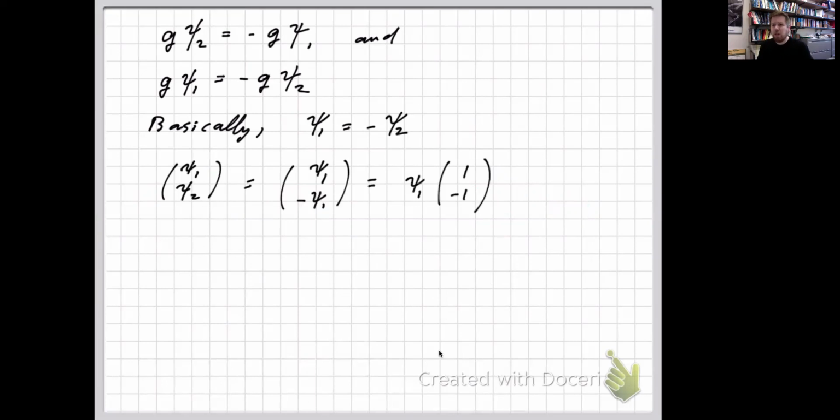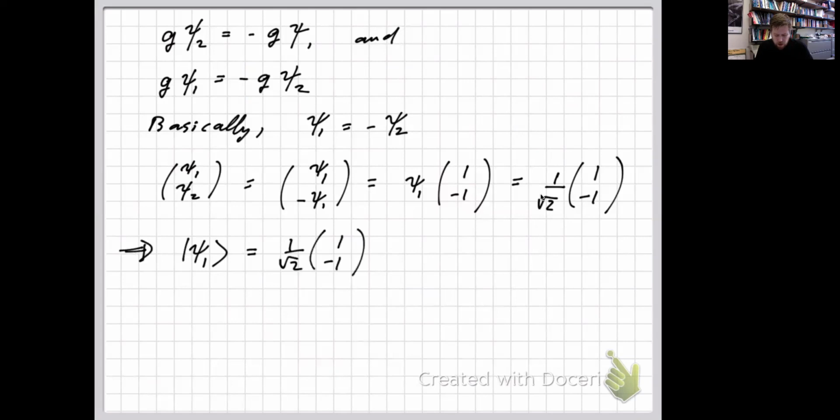They have opposite signs, so we get 1, minus 1, but the state has to be normalized, so the prefactor is 1 over the square root of 2. That is my first eigenstate.